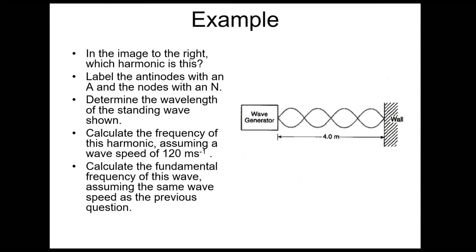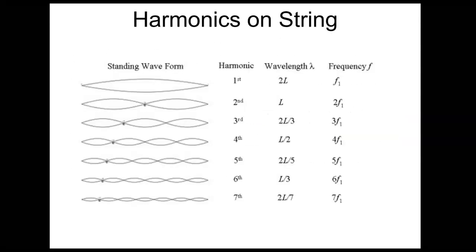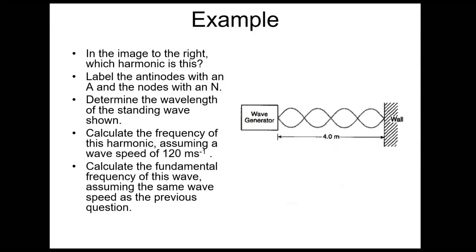Okay, so quick example. In the image to the right, which harmonic is this? Well, if you go back to our reference chart, this has 4 bulbs, so this is going to be the fourth harmonic. And that's pretty easy to tell.